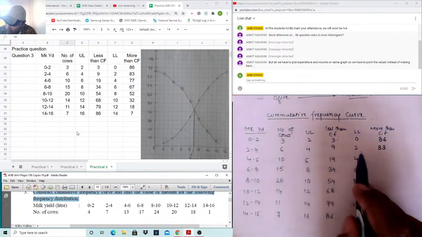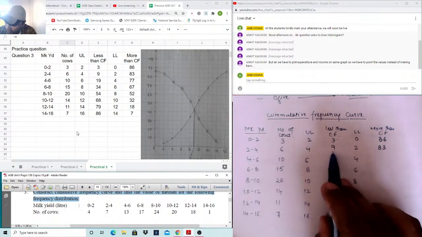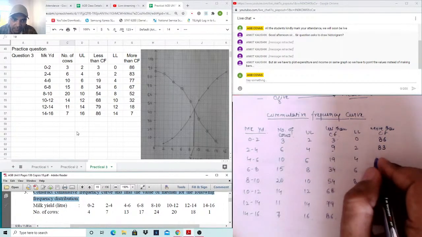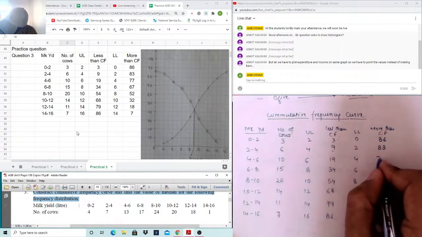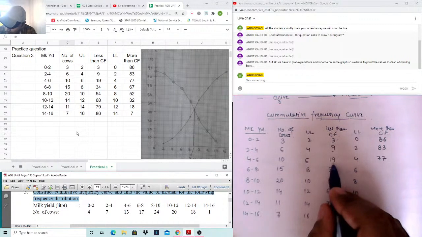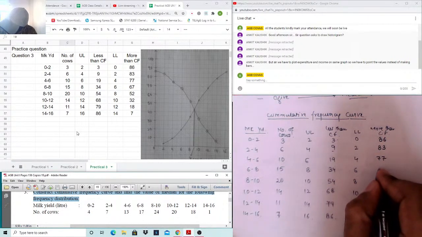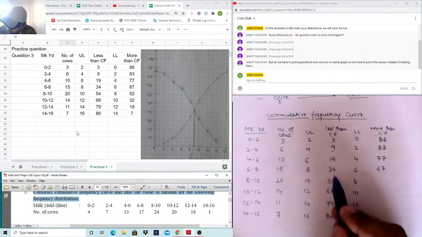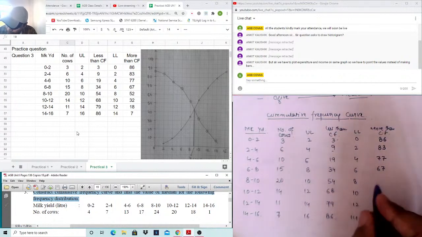Then in the next column, what you have to do? 86 minus 9. So 86 minus 9 will be 77. Then 86 minus 19 will be 67. Then 86 minus 34 will be 52.